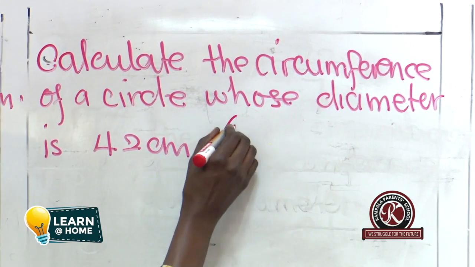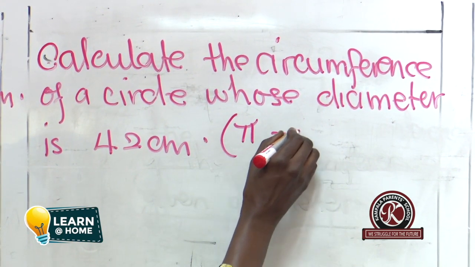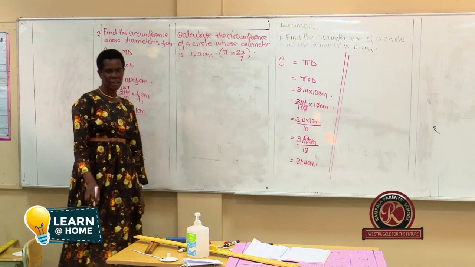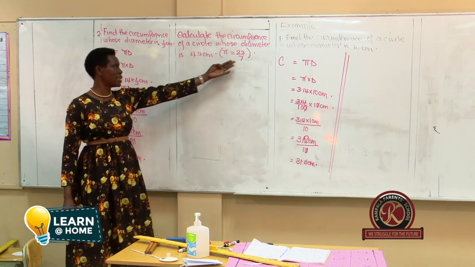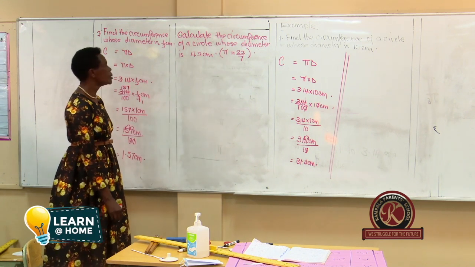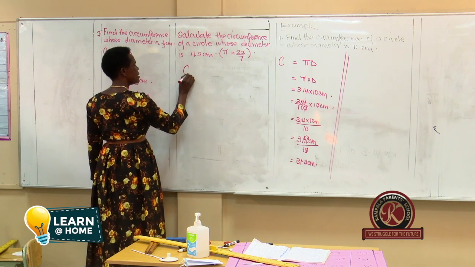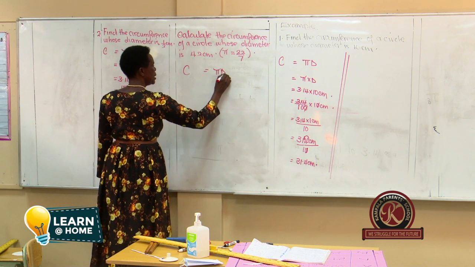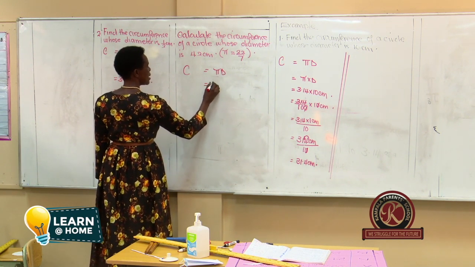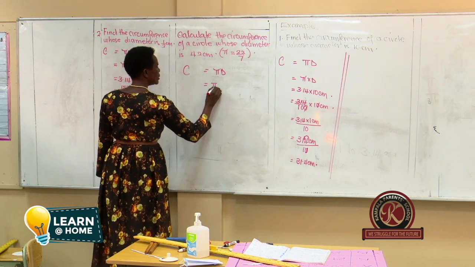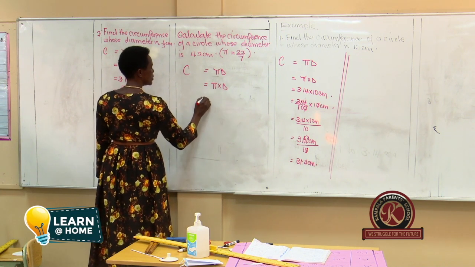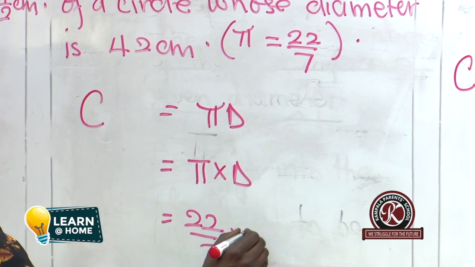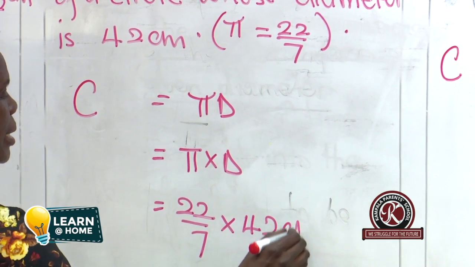Here we are going to use pi as 22 out of 7, since we know that 42 is a multiple of 7. So we say circumference equals pi d, which is giving us pi times d, which is giving us 22 out of 7 times 42 centimeters.